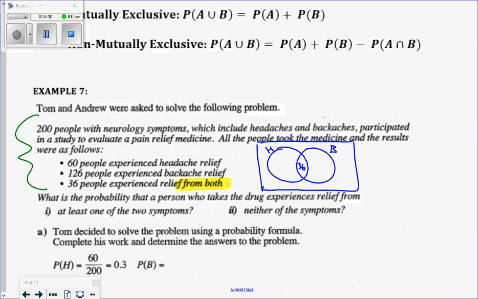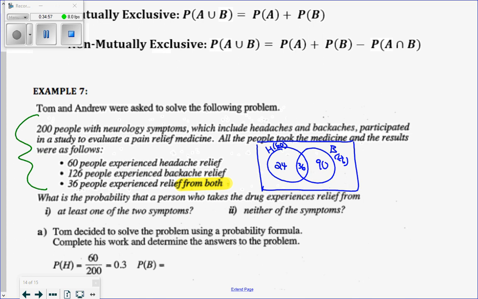So remember, you start on the inside and you work your way out. So the headache circle has to be 60. But I've already got 36 written down. So that means 24 has to go for the headache because 24 plus 36 takes me to 60. For backache, I had to get to 126. So 126 take away 36. I want to say that's 90.